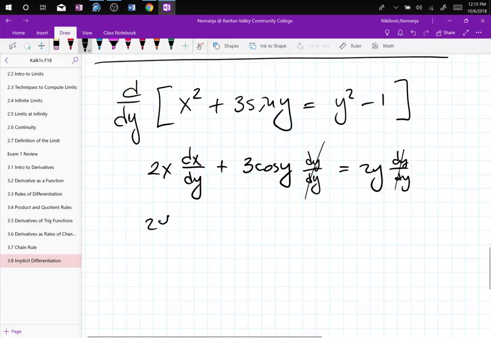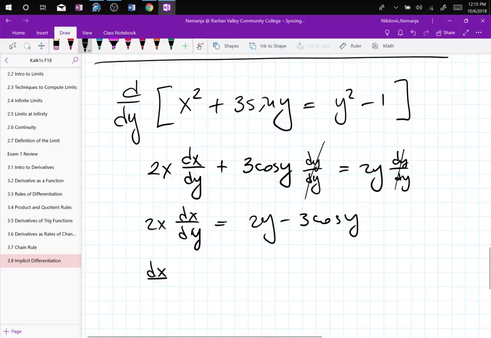So now this is 2x dx dy equal to 2y minus 3 cosine y, and finally dx dy is equal to 2y minus 3 cosine y divided by 2x. You can take the derivative of anything. Anything.